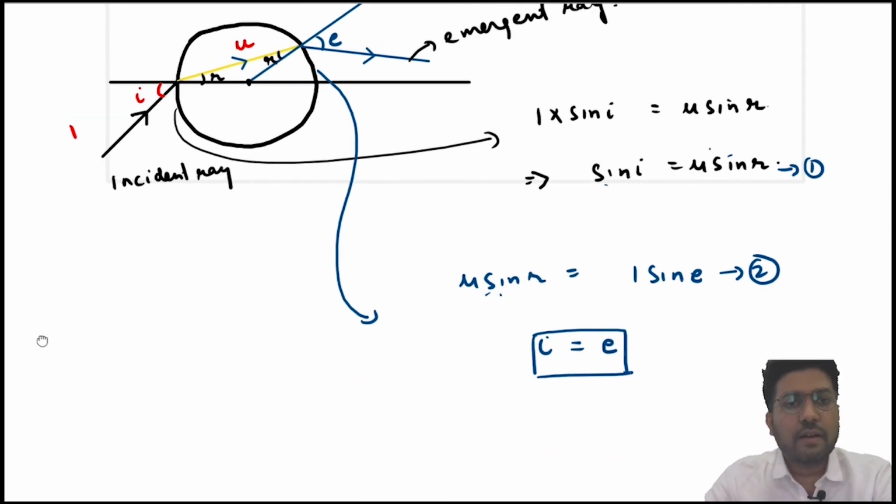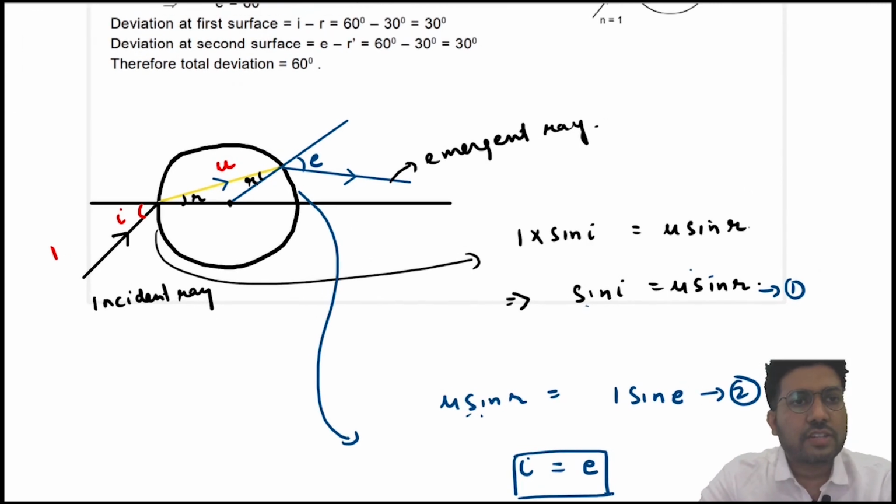Listen carefully now, we need to find the angle of deviation. So this is the incident ray, the angle between incident ray and the emergent ray is the angle of deviation, and we can clearly see that this angle is the angle of deviation, which is delta.